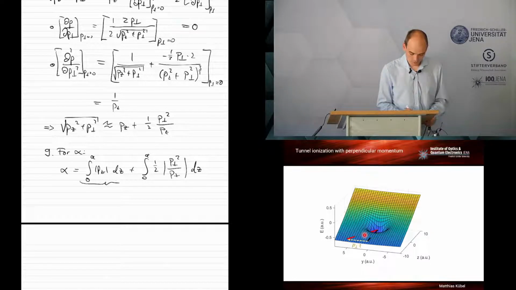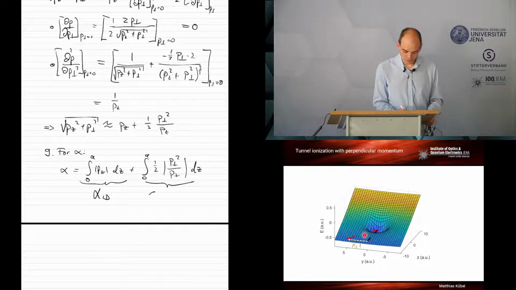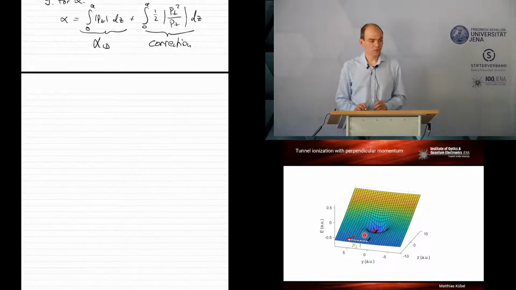This is alpha 1d, the analytical solution that we had before, and this is the correction term, the correction for the perpendicular momentum.